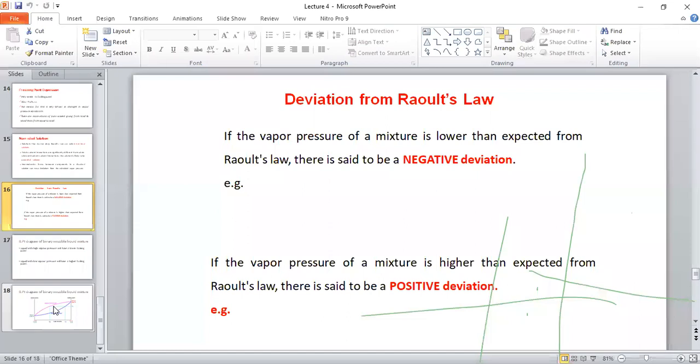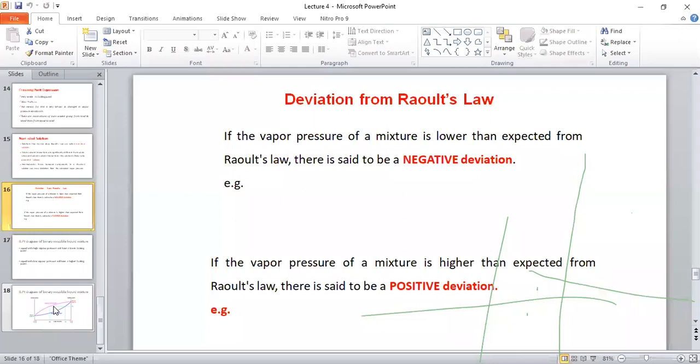Of course, what we expect is an ideal situation. But remember that I've told you before that a real ideal situation doesn't exist, but we look at situations that are quite close to ideal and take them as ideal.